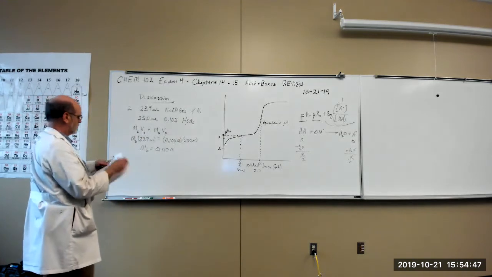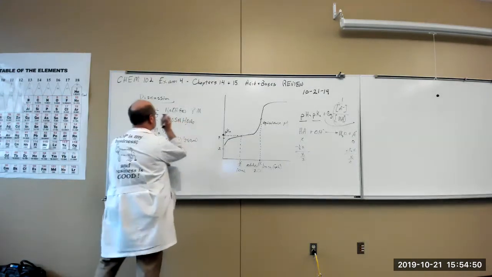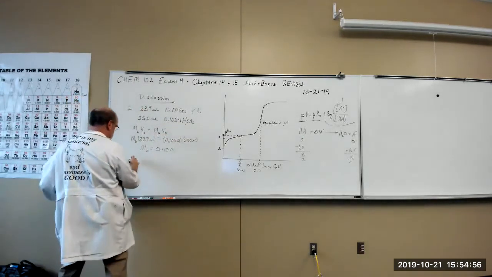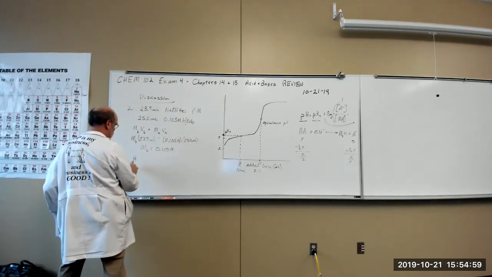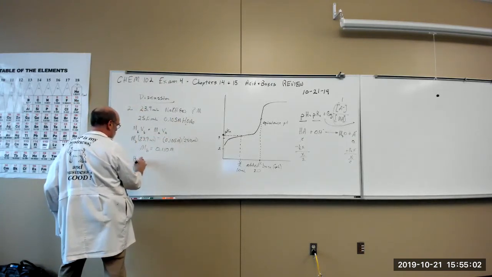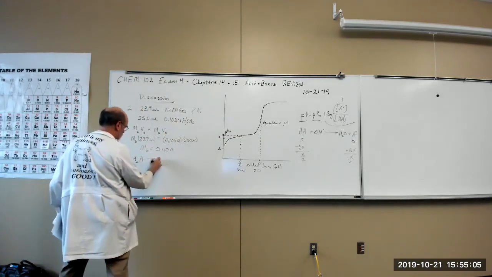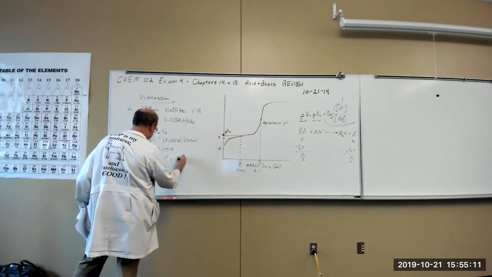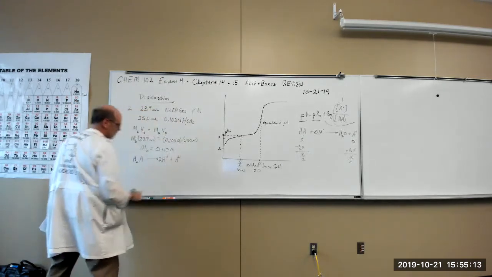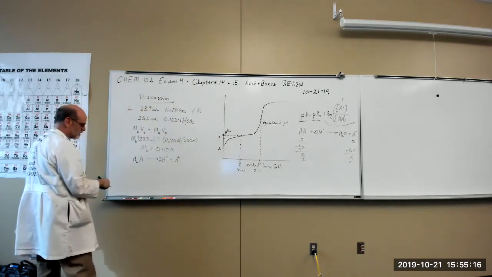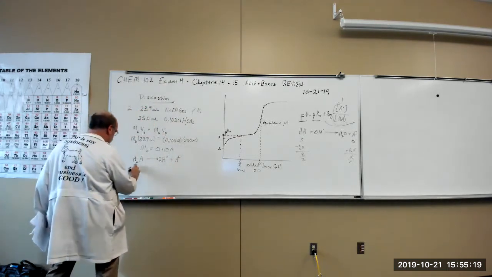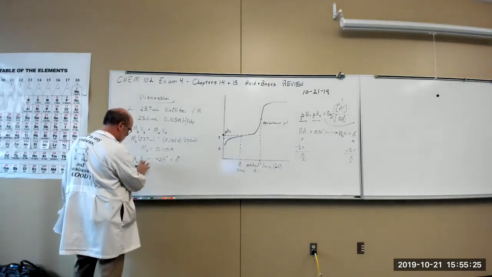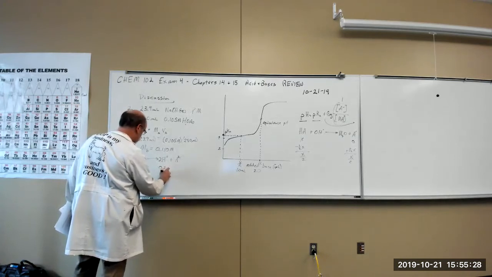Hold on a second. Is that right? Let me see. That would be our diprotic acid. And if I said this was 0.1 molar, then it would produce 0.2 molar protons.